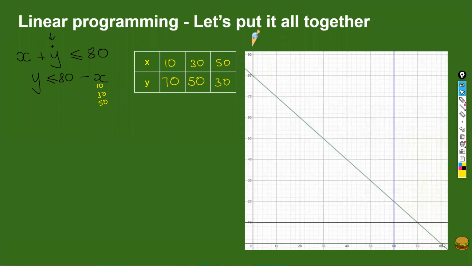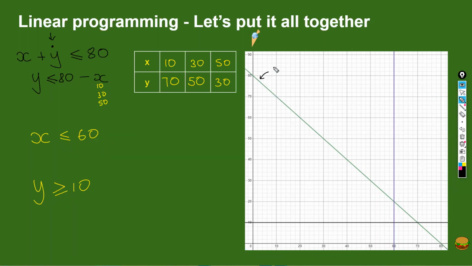Well, it's the green line, right? The other two lines were pretty easy, because I believe the other two lines were x is less than or equal to 60 and y is more than or equal to 10. So the green line is this one here. I'll label it for you guys.